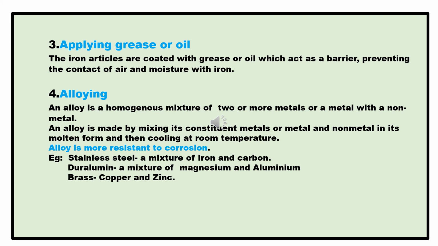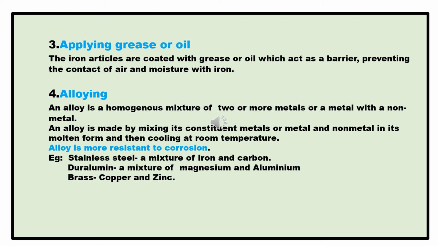So how is this alloy formed? An alloy is made by mixing its constituent metals, or metals and non-metals, in molten form and then cooling at room temperature. So to produce an alloy, we have to melt the different metals or the metals and non-metals separately, then mix them together and allow them to cool at room temperature.